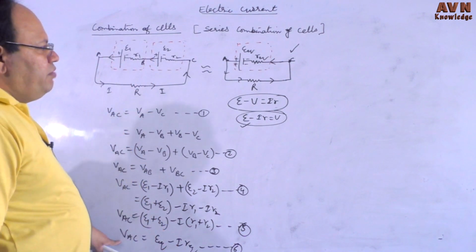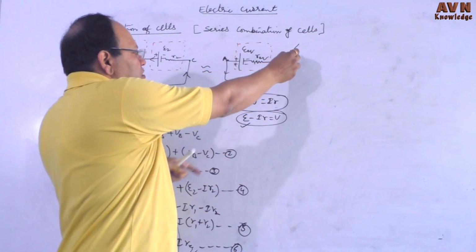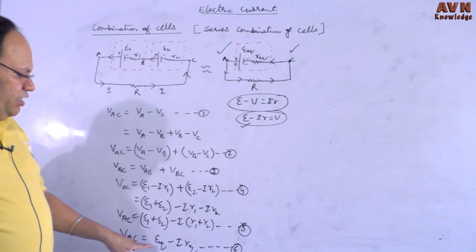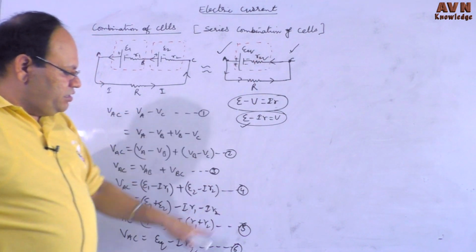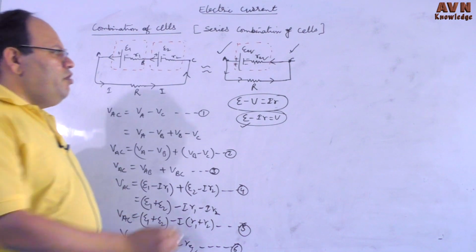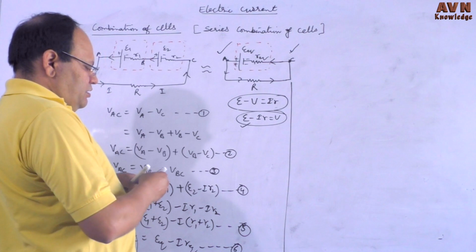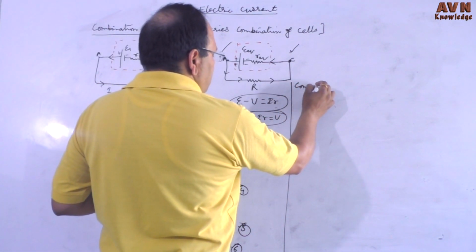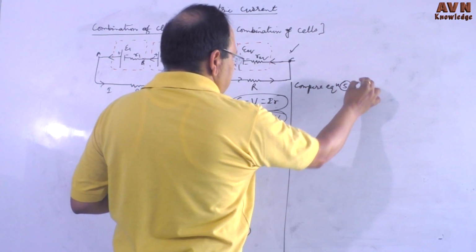This equation comes from this equivalent circuit diagram. The VAC between A and C is E equivalent minus I, where the current is I and the internal resistance is R equivalent. From equations 5 and 6, compare equation 5 and 6.